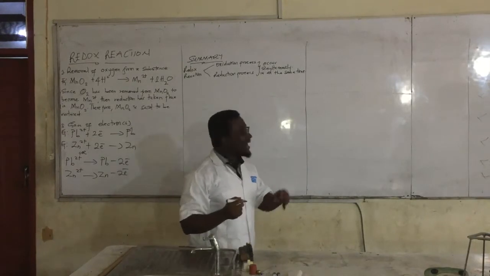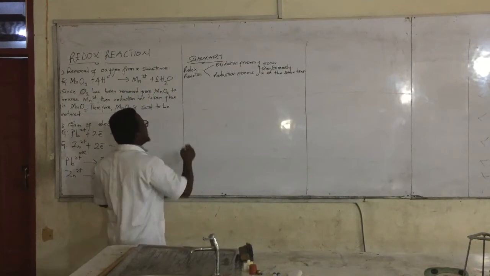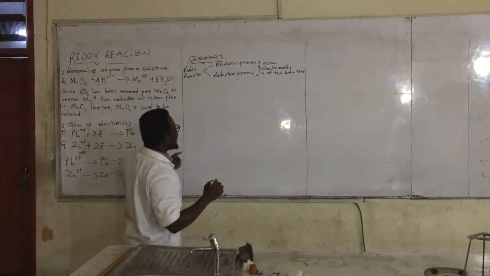That means they occur at the same time. Simultaneously means it occurs at the same time. So we have come to look at the oxidation process, we have looked at the reduction process, which occur at the same time.